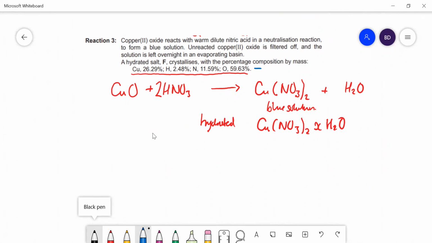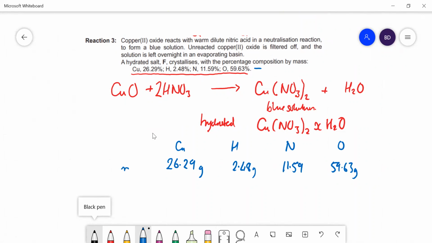So let's say in 100 grams, you're going to have 26.29 grams of copper, 2.48 grams of hydrogen, 11.59 grams of nitrogen, and 59.63 grams of oxygen.